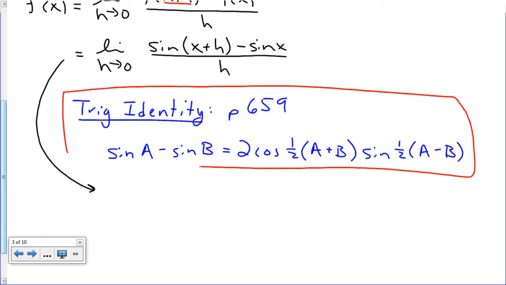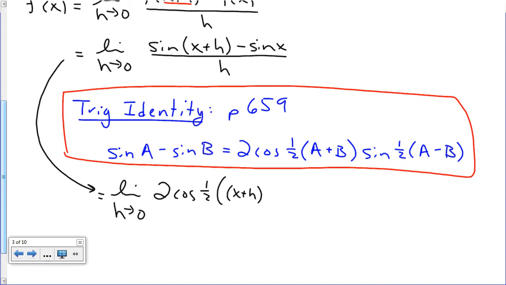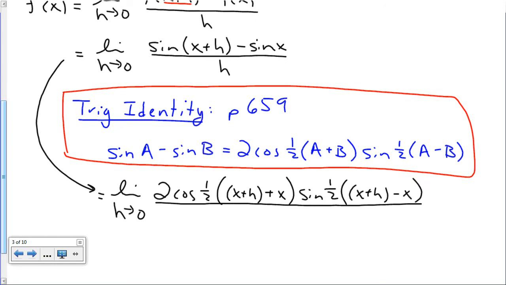So this is equal to the limit as h goes to 0 of sine of x plus h minus sine of x, and I'm going to replace it with what we just wrote down: 2 cosine of 1/2 A plus B, where A is the x plus h and B is the x, times the sine of 1/2 A minus B, again with A as x plus h and B as x. And that's all divided by h.